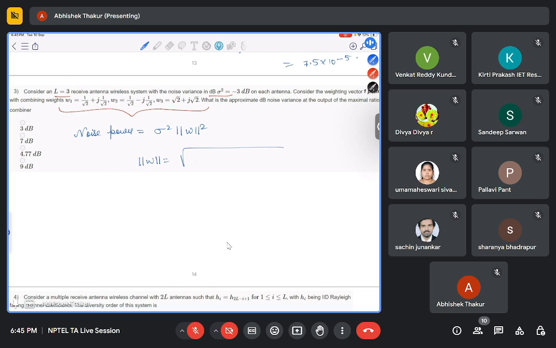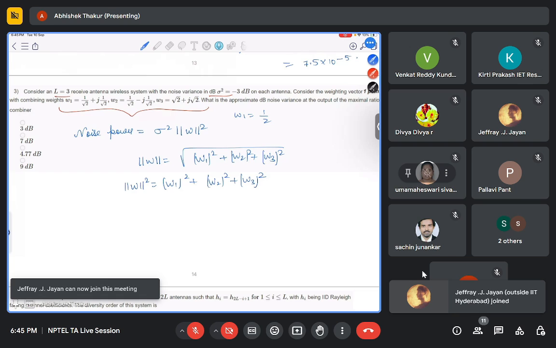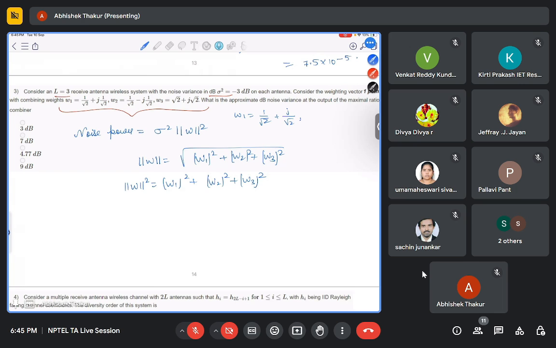So this is equal to W1 square plus W2 square plus W3 square. Now we have the value of W1, that is 1 by root 2 plus j by root 2.